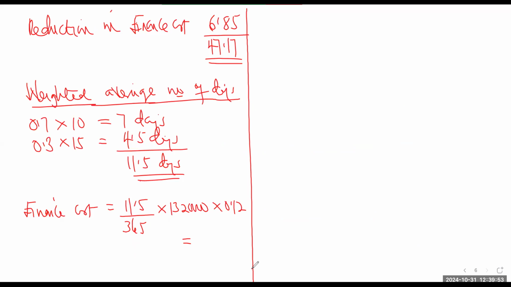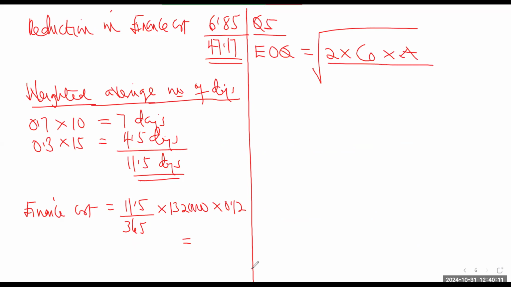Okay. So this one is question number 5. You look for your economic order quantity. That will be 2 multiplied by your cost of ordering, multiplied by your annual demand, divided by the cost of holding. So we have 2 multiplied by the cost of ordering, which is 5,000.